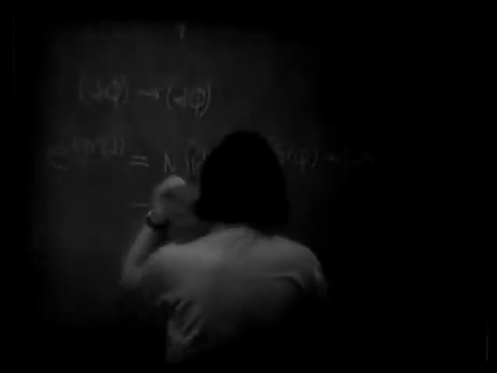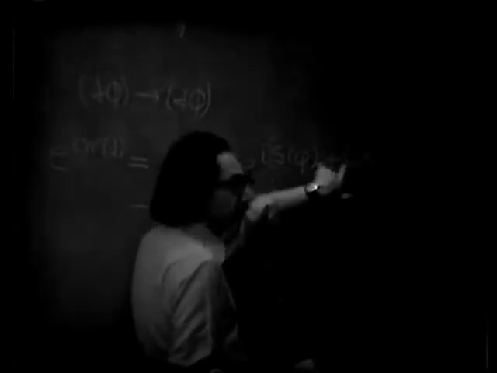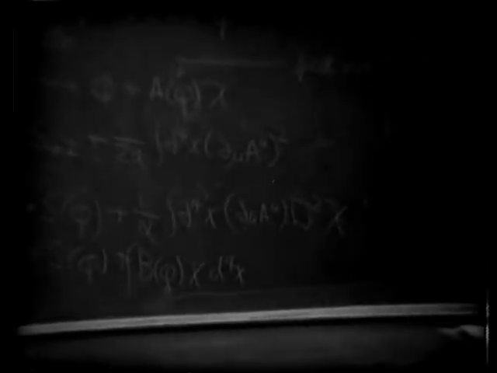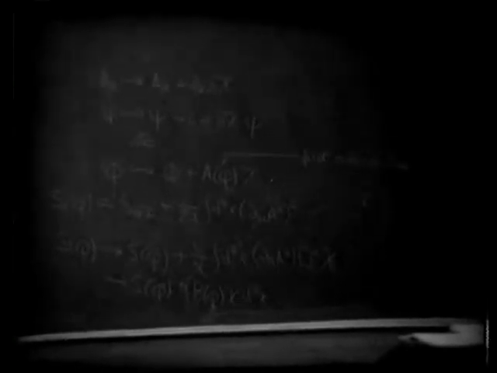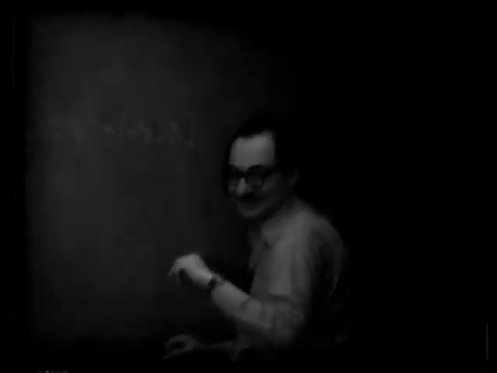Well, the change is very simple. I just pick up a little extra term from this b thing here in the exponential, and a little extra term from this term because this Lagrangian isn't gauge invariant.